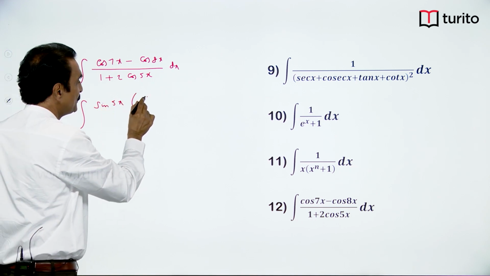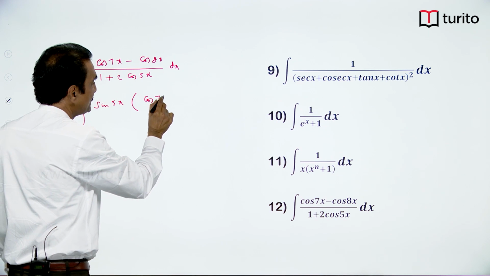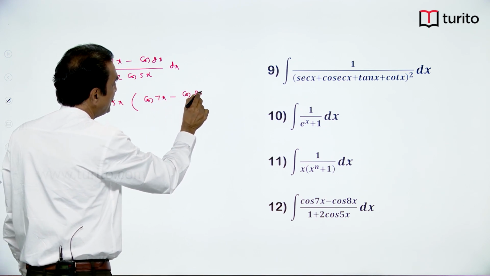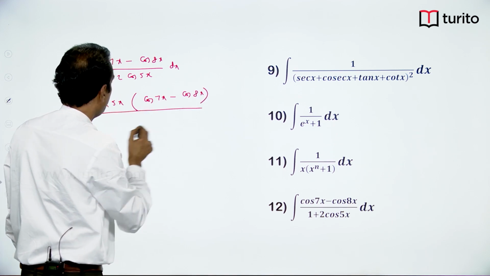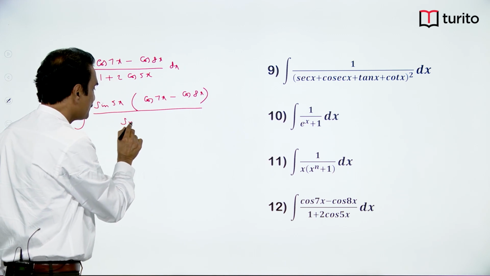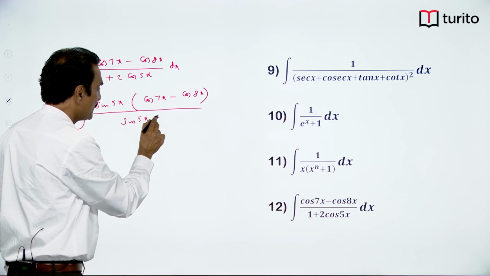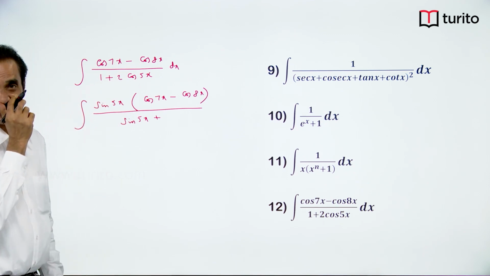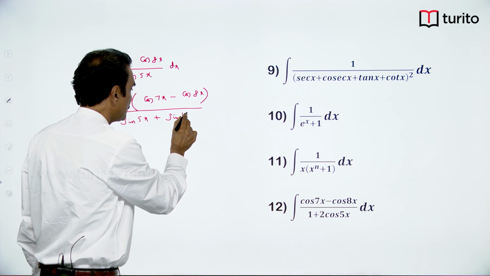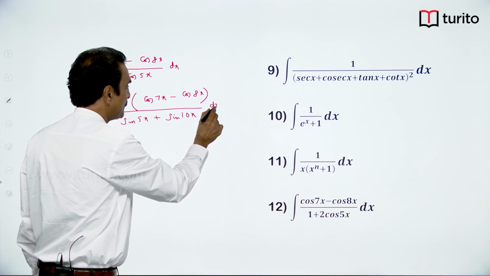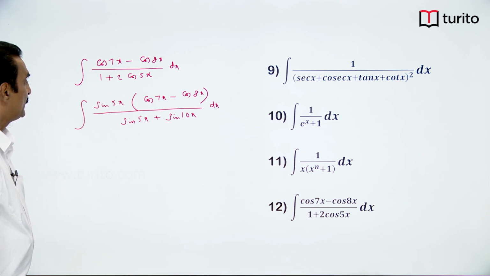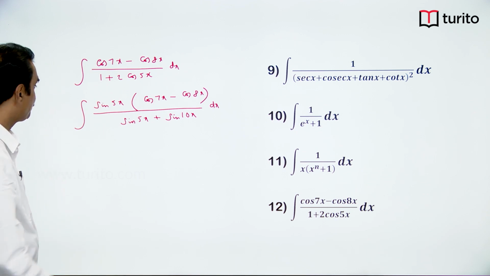Sin 5x into (cos 7x minus cos 8x) by, we will get sin 5x plus 2 cos 5x into sin 5x, which is sin 10x. Okay. Now use transformations.